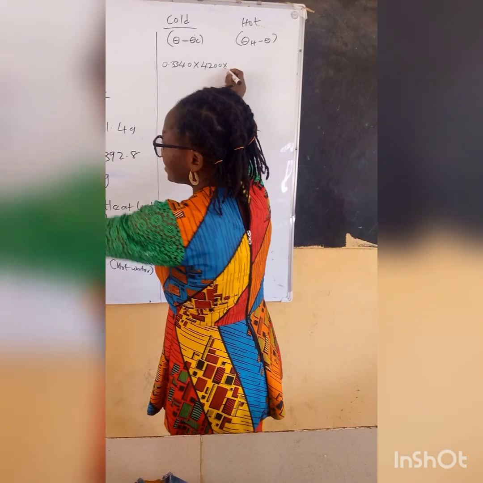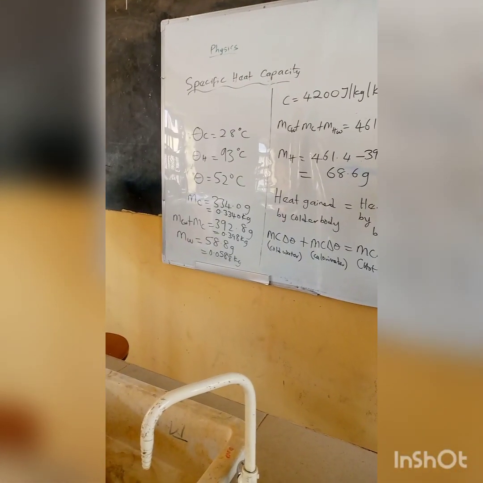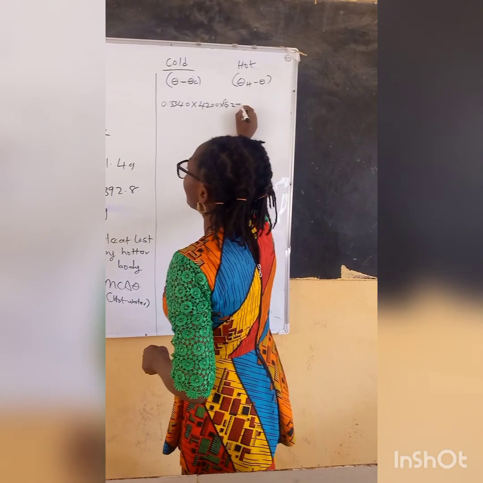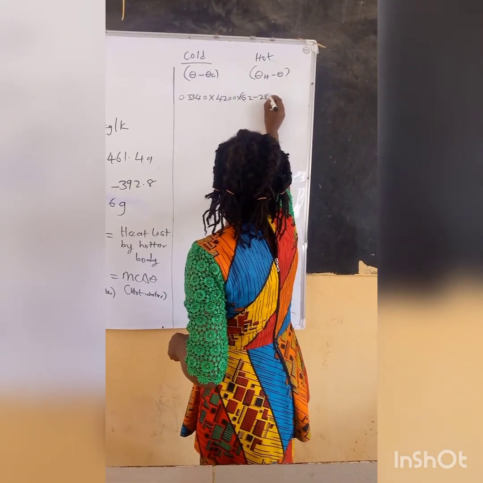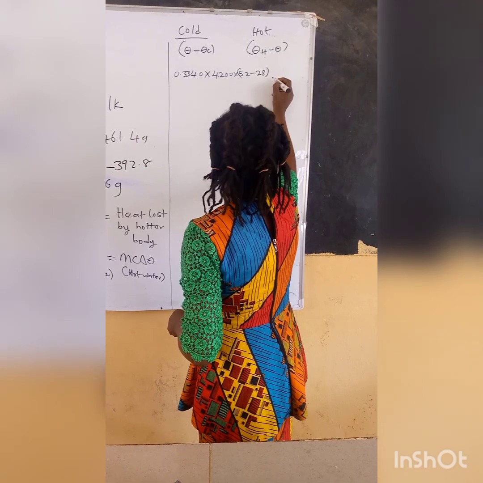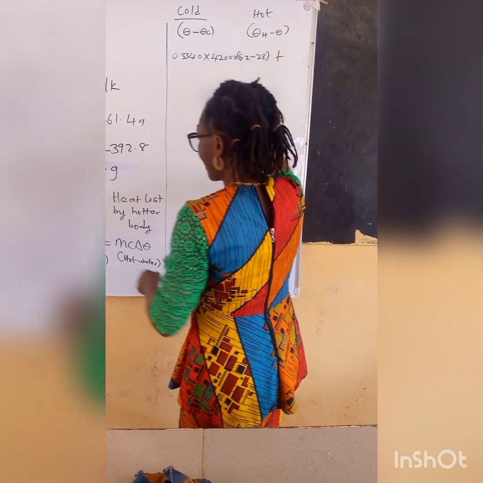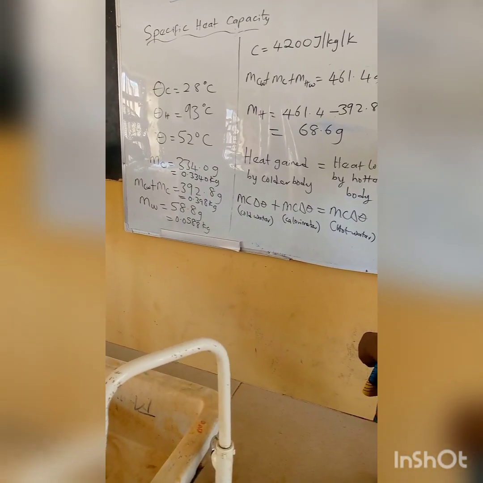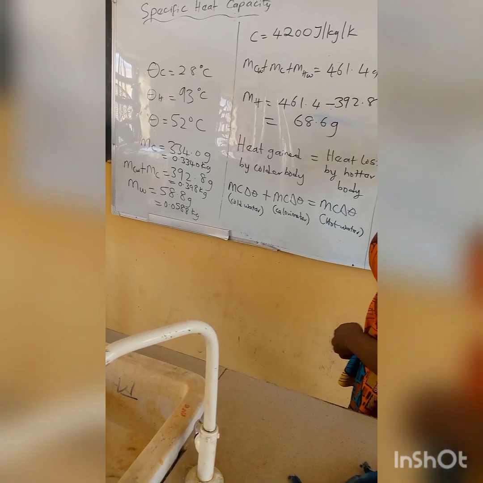Our theta is 52, so 52 minus 28 degrees Celsius. Plus the mass of calorimeter. What is the mass of calorimeter? I think we found it. We didn't. Please pause.